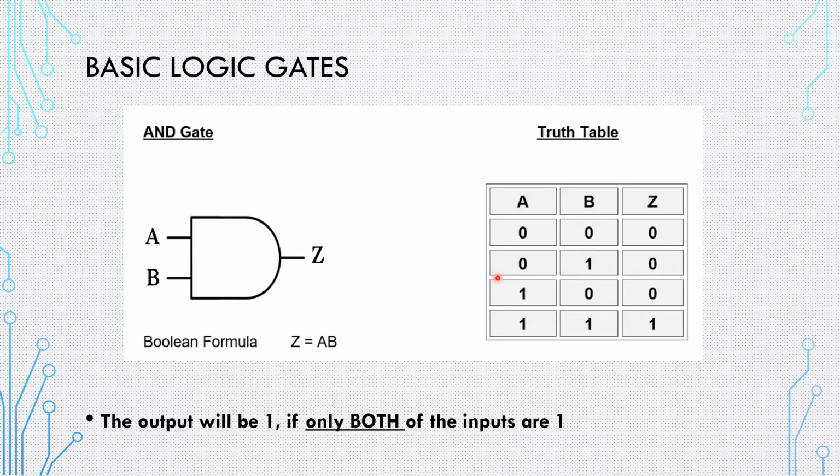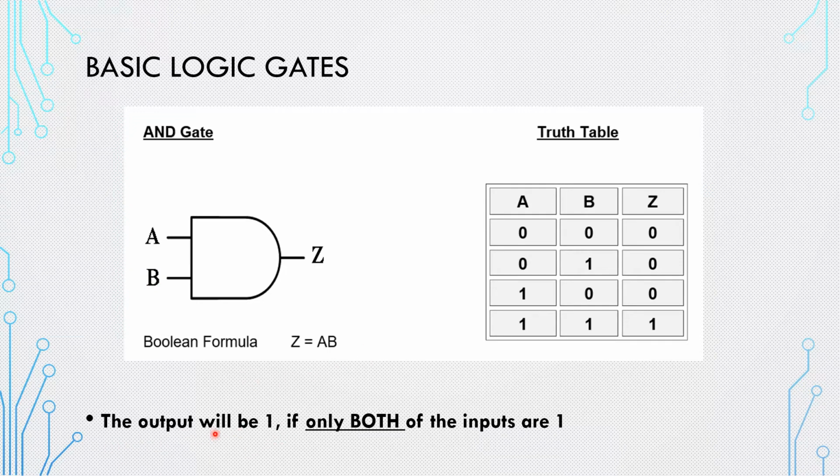These are all the possible cases for the input, and we want to study when the output is going to give me 1. For AND, it should give us 1 only when inputs A and B are both 1. This is why we call it AND, because it gives me 1 only if A and B are 1.